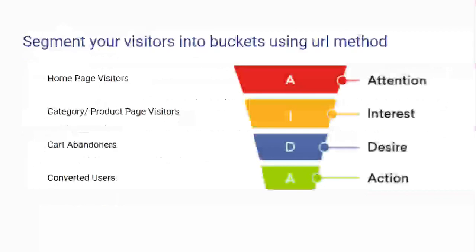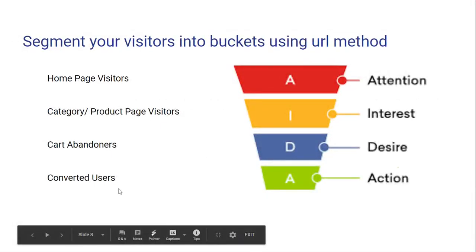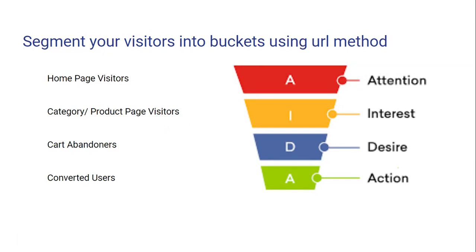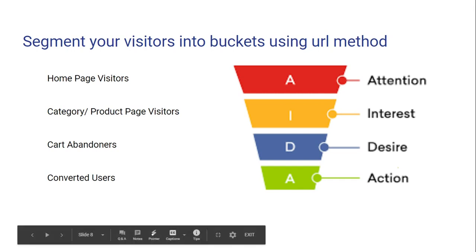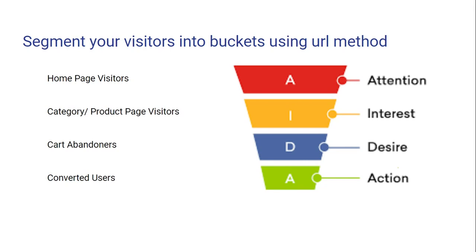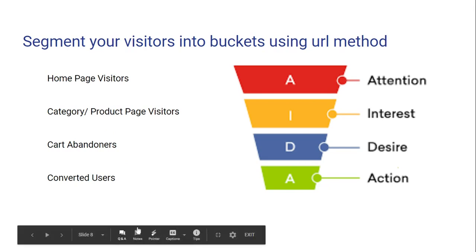Now, I always like to divide it based on homepage visitors, category page visitors, cart abandoners, and converted users. This is a common campaign segmentation that I like to do for my clients. And there are a few things that you have to remember. As you segment your audiences and create your ad groups based on them, all these audiences should not be in one ad group.